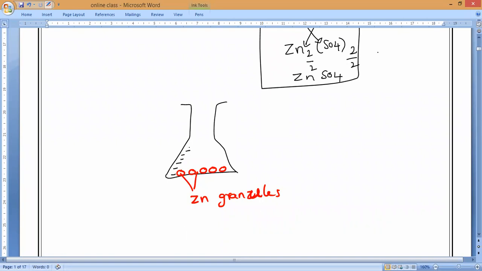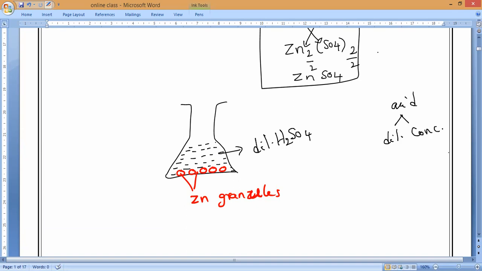It is a liquid, correct? So I'm showing you like this. This is indicating sulfuric acid. Which acid? Dilute H2SO4. Dilute means not concentrated. In Class 7 you studied acids are two types: one is dilute acids, another one is concentrated. In dilute acid, the water percentage is more, and the acid percentage is minimum.